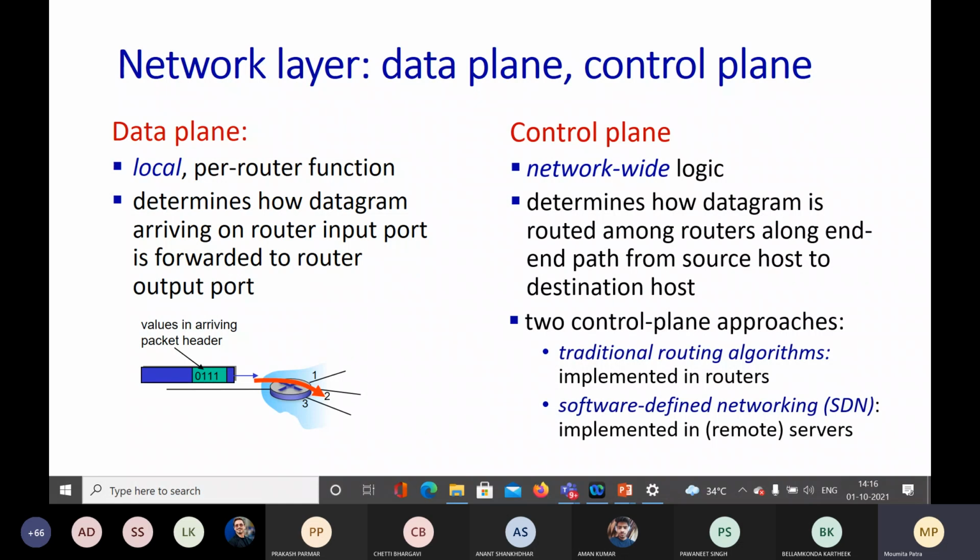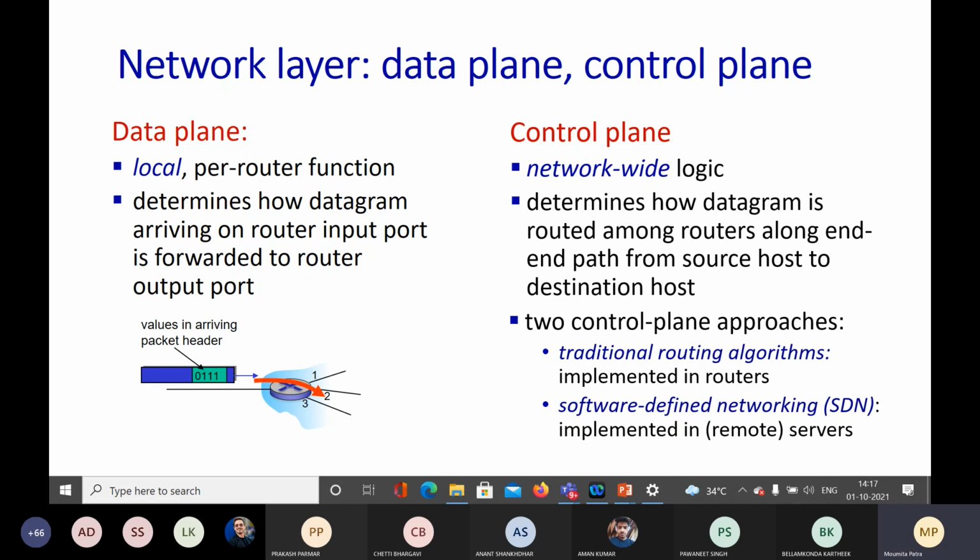Okay, I am pretty sure you might have heard about this by now. Software defined networking is a concept which is used so that you do not have to implement these routing functionalities in each one of the routers. You can implement these functionalities in a remote server and then you can work with that at each of the routers. So we will also read about this SDN in this chapter itself.